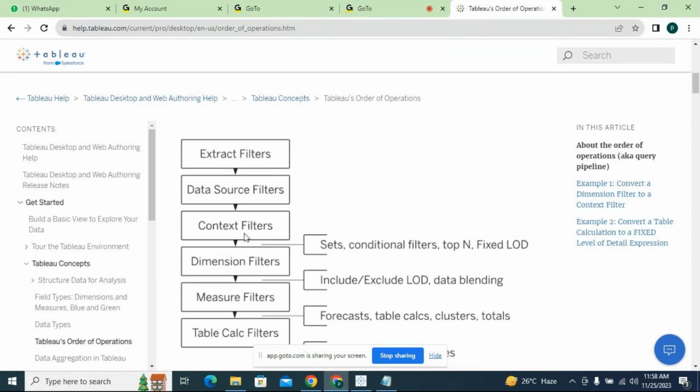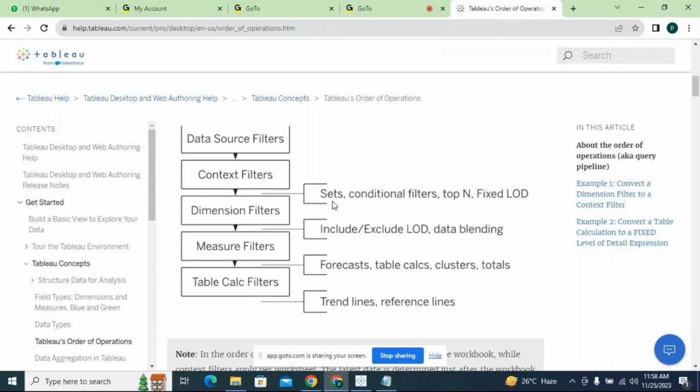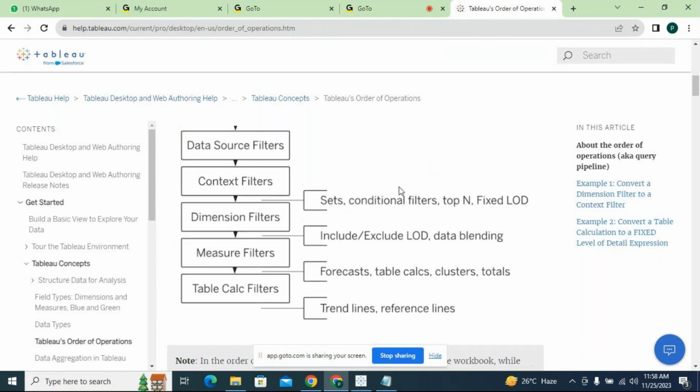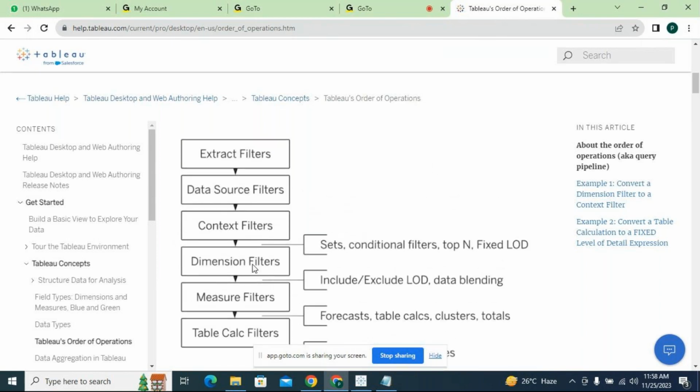We discussed remaining filters, correct? Dimensions and measures, table calculations, next we are going to discuss that. If you look at sets, conditional filters, top and fixed LODs, these will be executed after context. So dimension filters do not impact the fixed LOD because dimension filters get executed after the context filter execution.